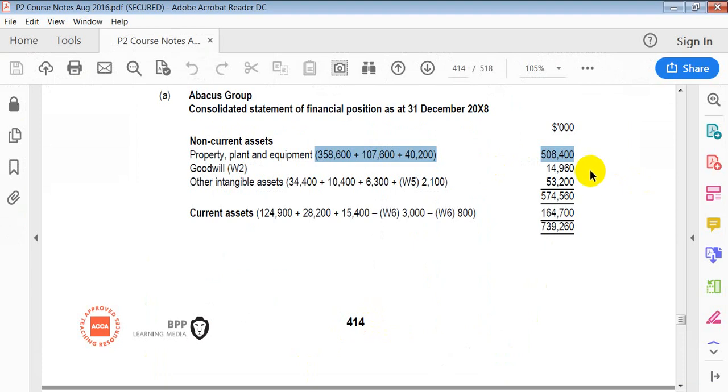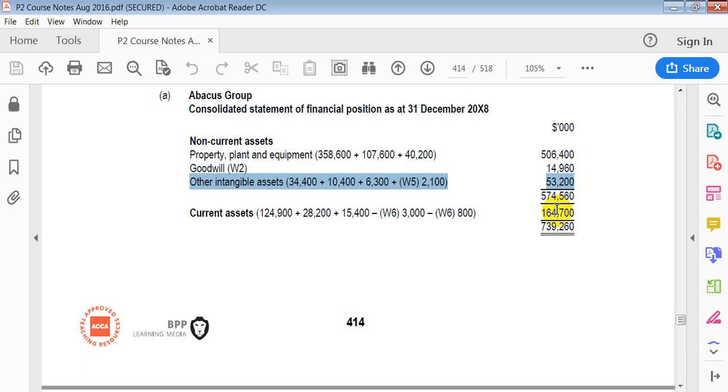The goodwill comes from the working that we just looked at. Then we get 100% of the intangible assets for the parents and the subsidiaries.